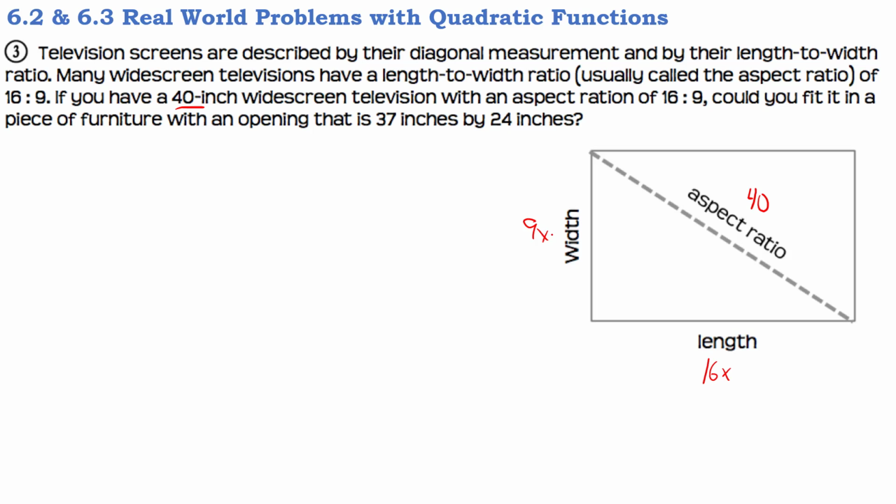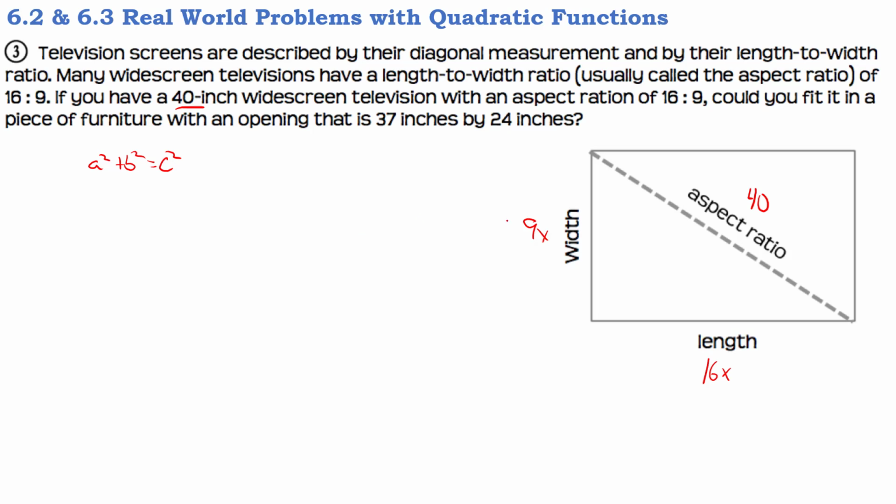Now, it looks like a TV, you think of a box, but we're going to talk about triangles here, okay? And dealing with the Pythagorean theorem, we're going to talk about a squared plus b squared equals c squared. Okay, and we have a, b, and c.